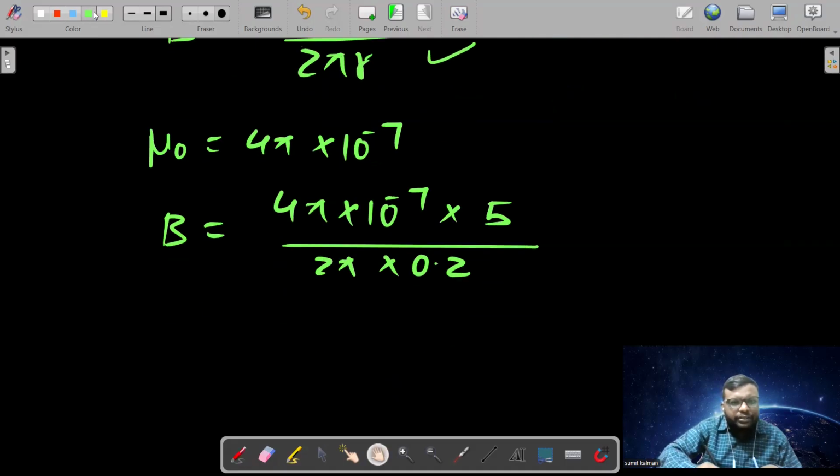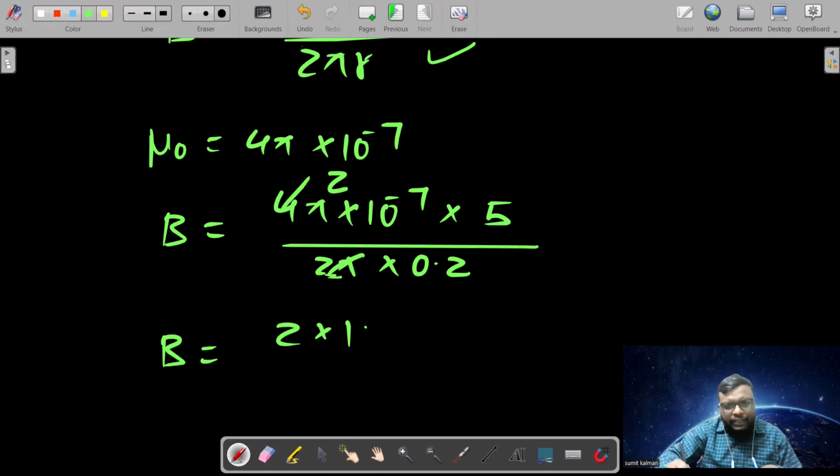And students, if you simplify this, 4 pi by 2 pi, and here it will become 2 into 10 into 5 upon 2 into 10 to the power minus 7.